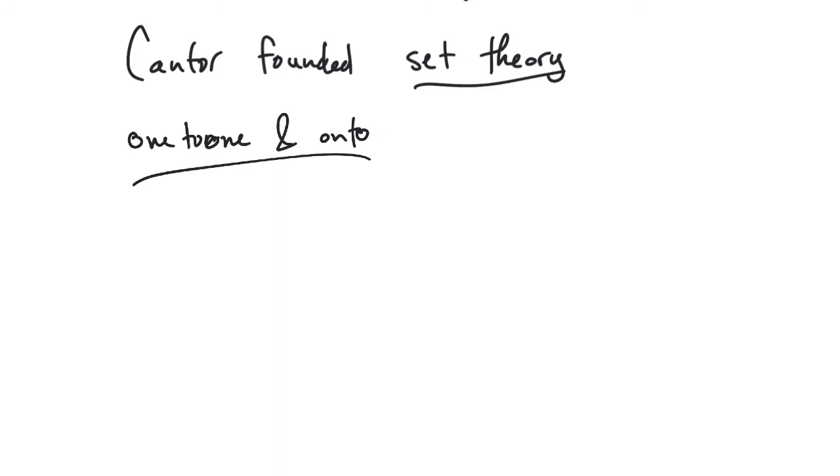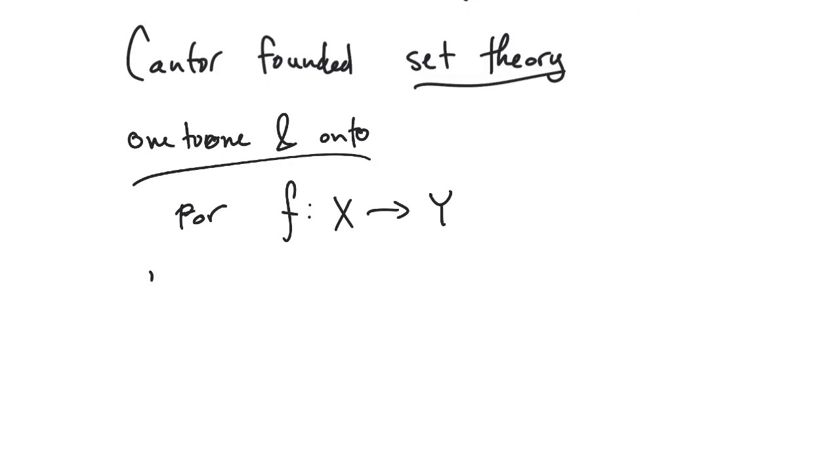For a function f with a domain and a codomain, I mean f is a function, the domain is X, so the values you plug into f come from the set X. And the codomain is not quite the same as the range, but it means the set where the values come out is some other set Y.